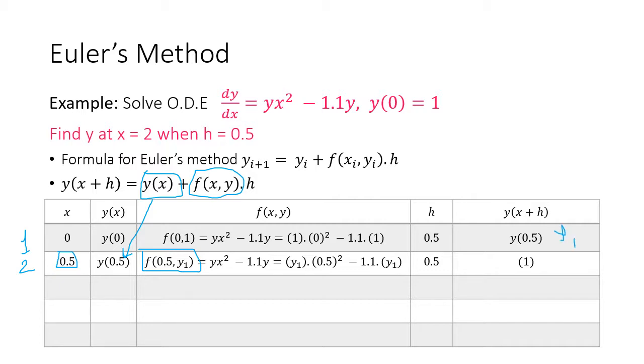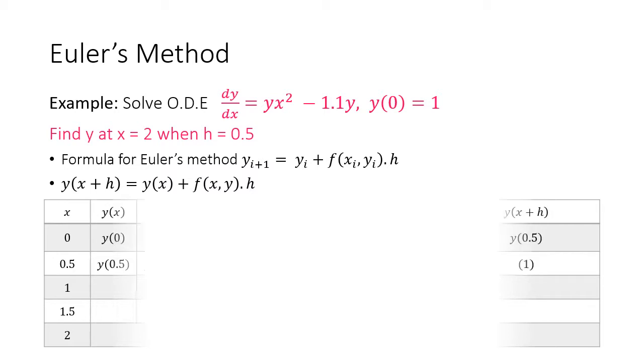So we substitute those values into the right hand side of this differential equation, and we calculate this value of function f of x,y. The step size is as it is 0.5, and finally calculate the value of y at x equals 1, and I will call this y2, which is the value of y at the end of second iteration.